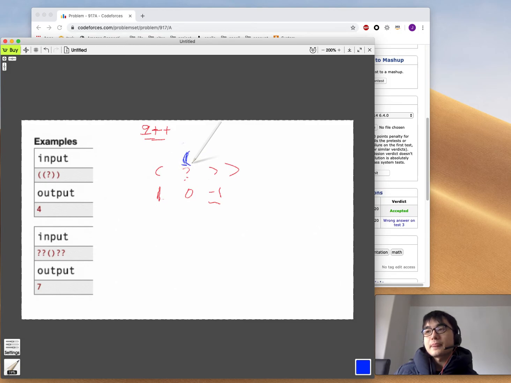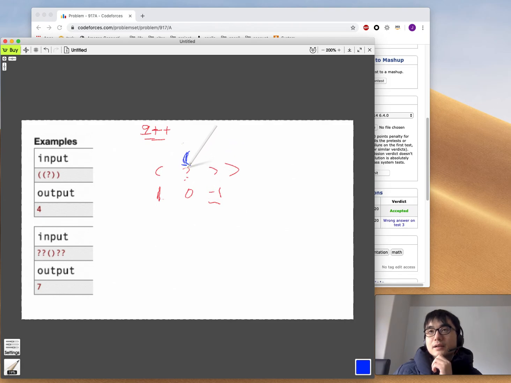What's the impact of changing the question mark from right parenthesis to left parenthesis? That is a change of 2 in the counter of left parenthesis, right?